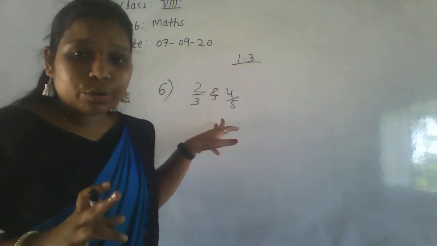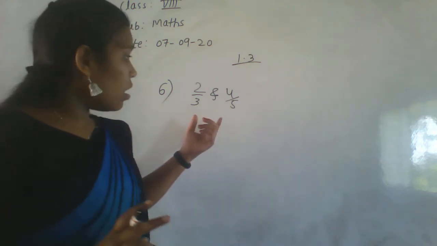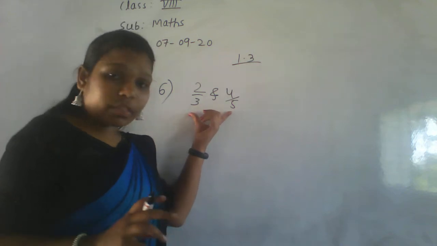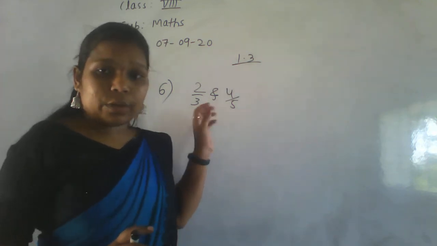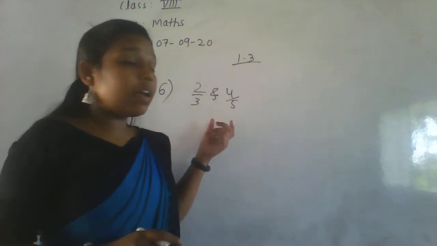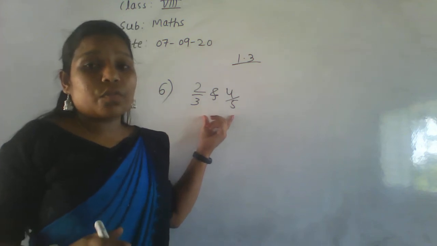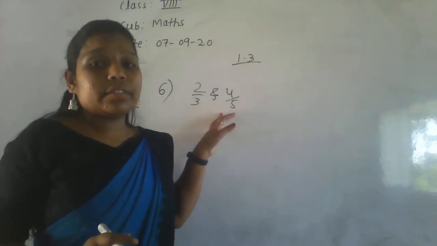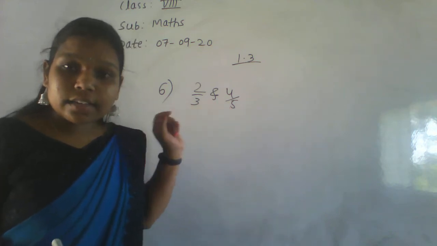First, what we have to do while writing the rational numbers is check the denominator value. If the denominator is same, then check with the numerator. If the denominators are not same, first do the multiplication and make the denominators the same value.